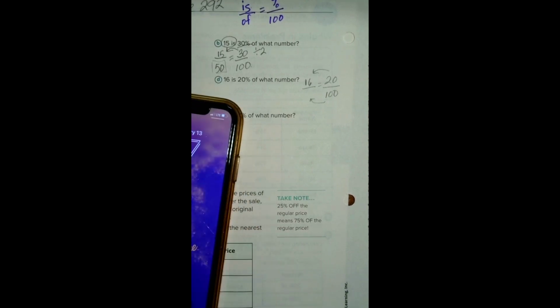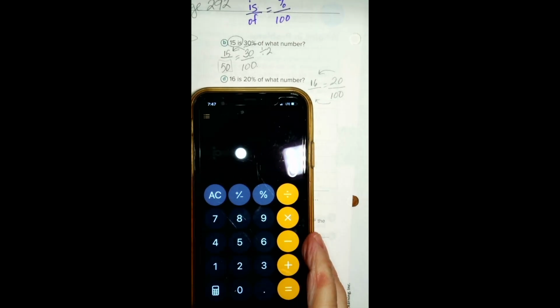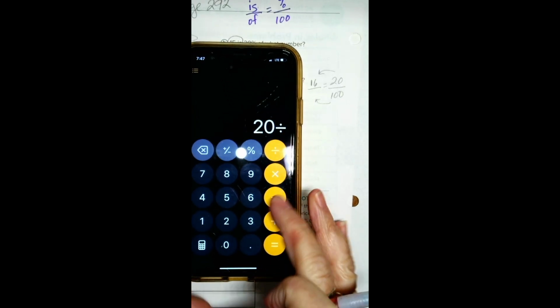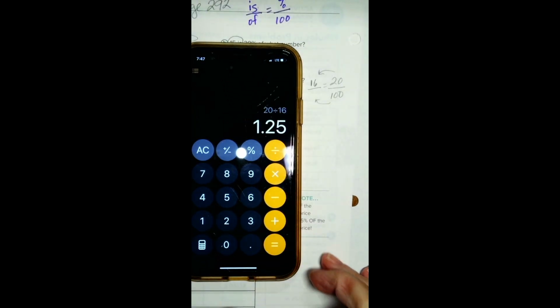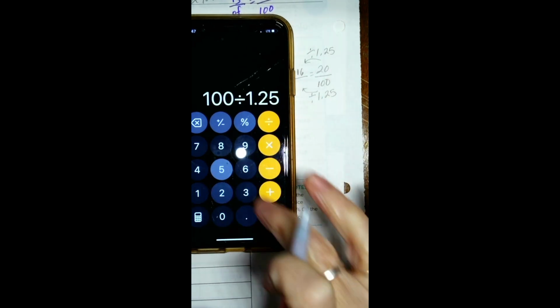So let's try that. 20 divided by 16 gives us 1.25. So we are dividing by 1.25. So 100 divided by 1.25 gives us 80. So 16 is 20% of 80.